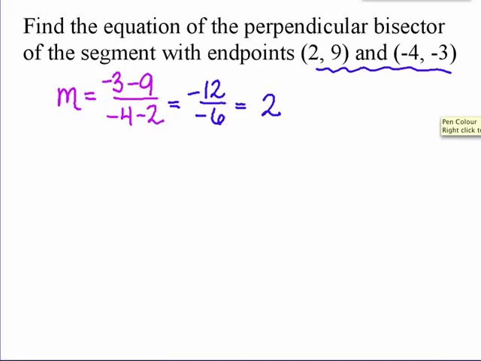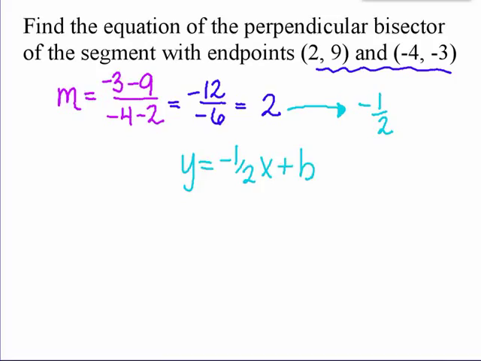So if it's perpendicular, what is the slope? Negative 1/2. Remember, if it's perpendicular, it's the opposite reciprocal. So if it was 3/2, it would be negative 2/3. Okay, in this case, 2 to negative 1/2. So my equation, y equals negative 1/2 x plus b.